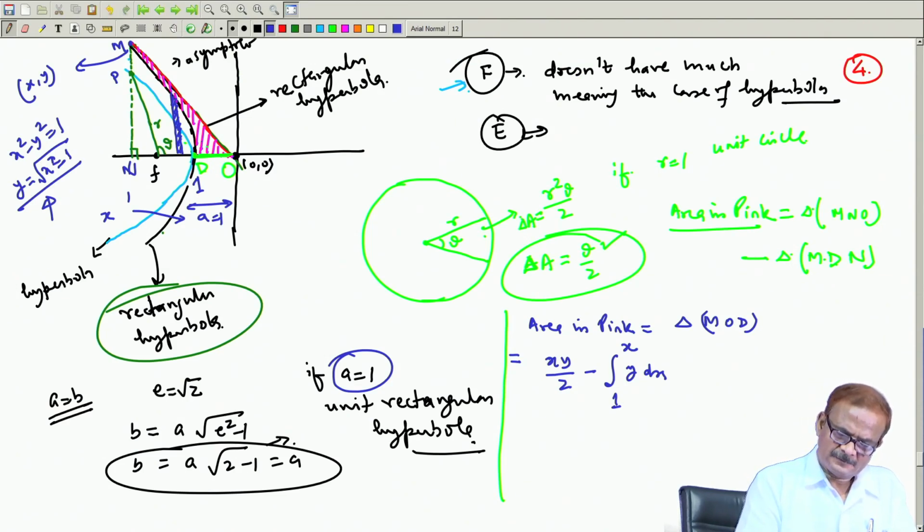Now, this area, the area shaded in pink, okay, this quantity, the area, say we have already written here delta MOD.